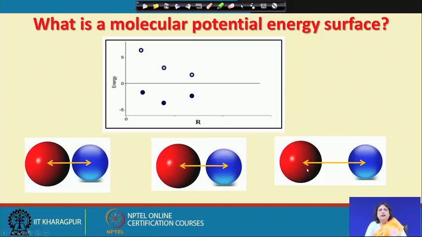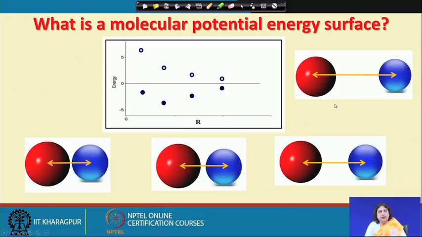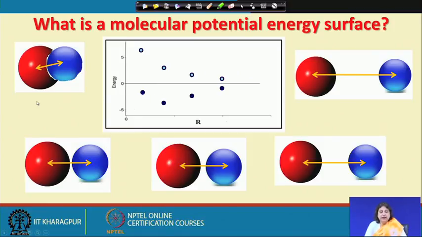Now, this way we can generate all such energy values for different interatomic separations within the molecule, and as you understand, if the two atoms invade each other's space, then obviously the energy is going to be very high, and we have not shown it in this picture. So, by solving the Schrodinger equation, what are we getting now? We are joining all the ground state electronic energies for the different geometries through this dark blue line, and all the first excited state electronic energies with this red line.